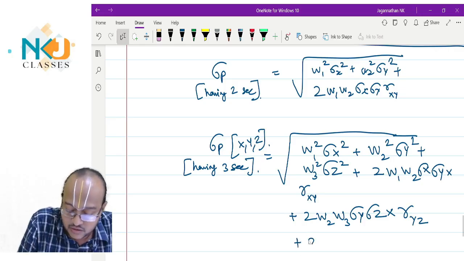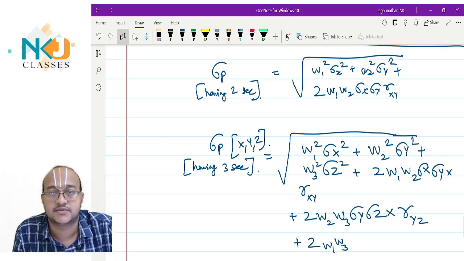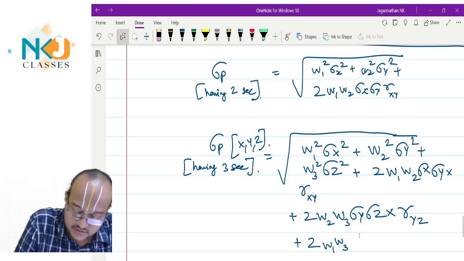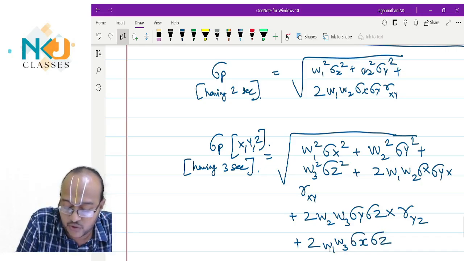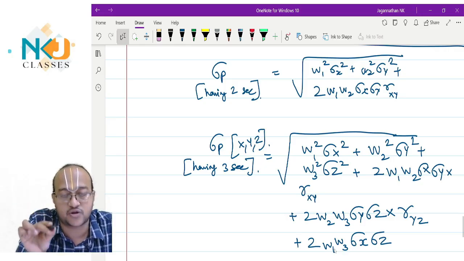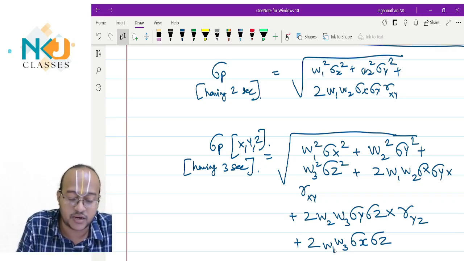Plus 2 into W1 W3. Are you understanding what is happening? Sigma x into sigma z, because x and z is W1 W3, weight of x, weight of z.